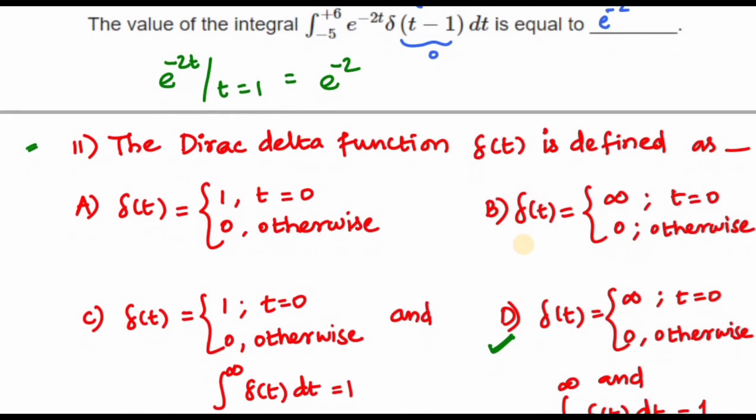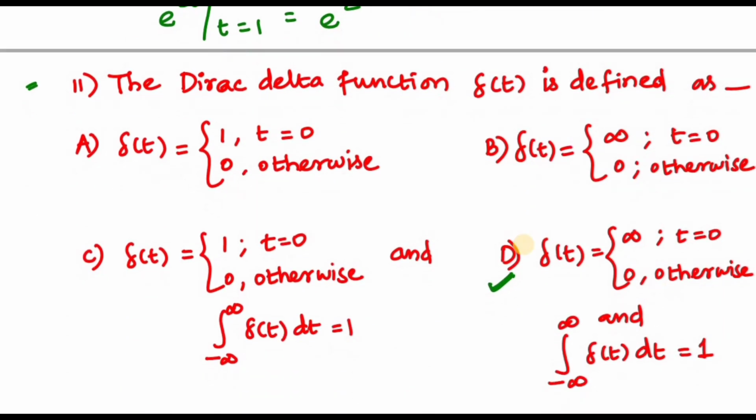So what is the definition for del of t? This is from the first property. You have two properties, so this 2 will not come. From this one I can say this is the answer.